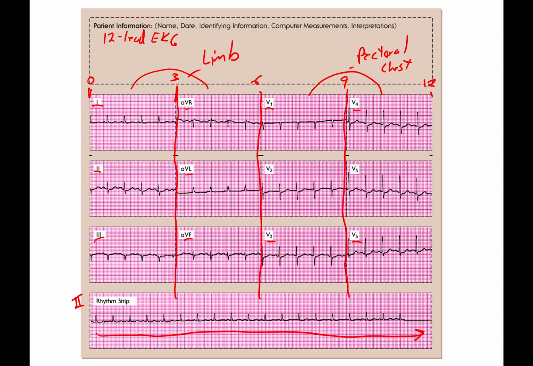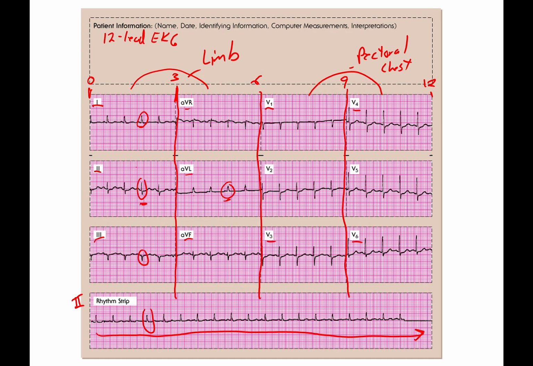Within these vertical columns, it's important to note that you can only compare vertical columns with themselves. What I mean by that is, let's take this third beat right here. This third beat is the exact same heartbeat looked at through all 3 of these leads. If I wanted to focus on, let's say 1, 2, 3, this third beat right here, this is not the same as this one.